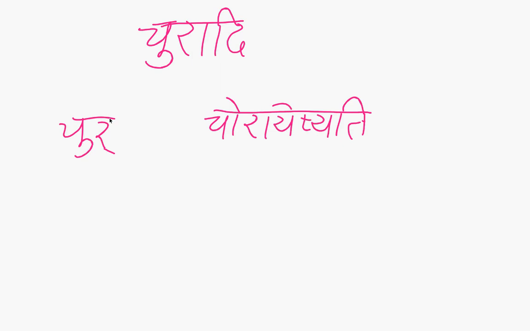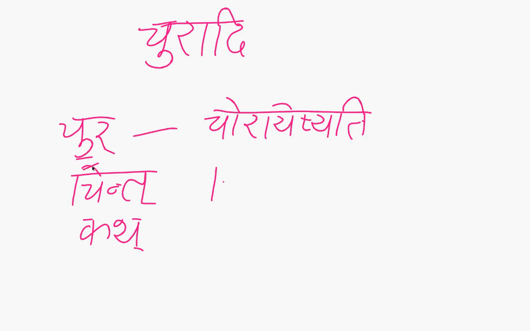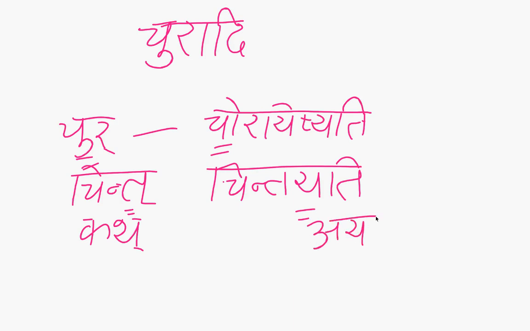For chintayati, the dhatu is chint, and for kathayati the dhatu is katha, varnayati varna, etc. Here, if you take chintayati, in this form we are adding aya, and this aya is coming because of nijanta. There is another pratyaya coming into the picture here called nich, and that is adding this aya: chintaya.